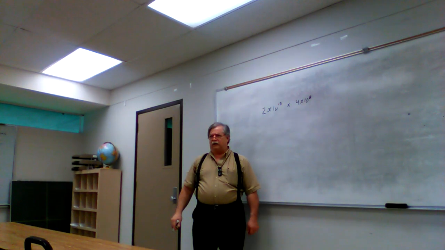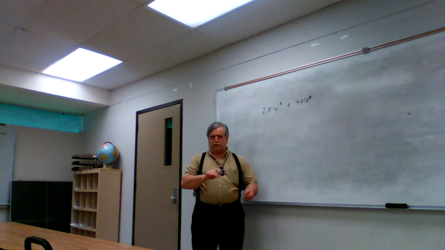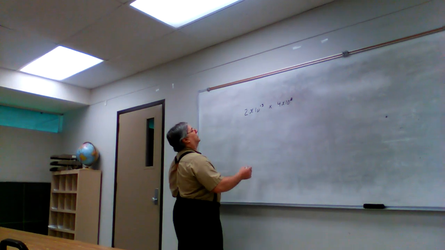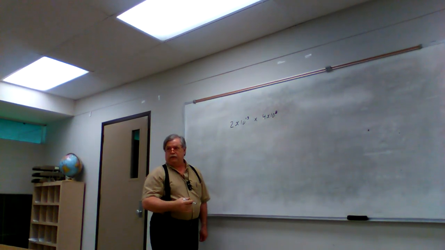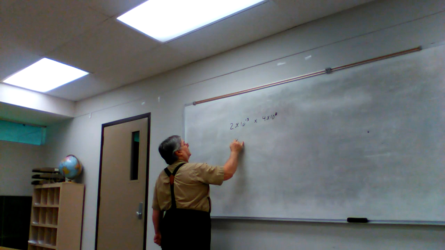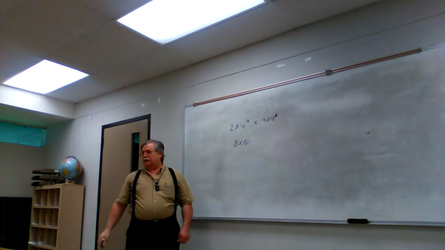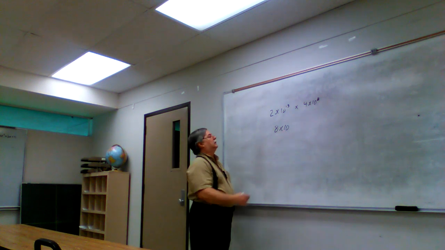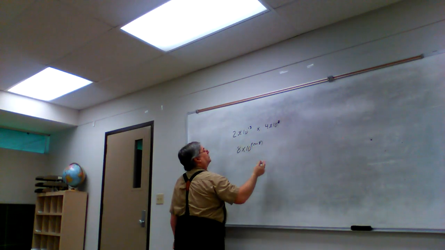Now, what would that turn out to be? You could break out your calculator and type it in, it'll give you the answer pretty quick. But if you just multiply your factors, your numbers, 2 times 4 is 8. And then just add the exponents. Times 10 to the power of 13 plus 8, which is what, 21?